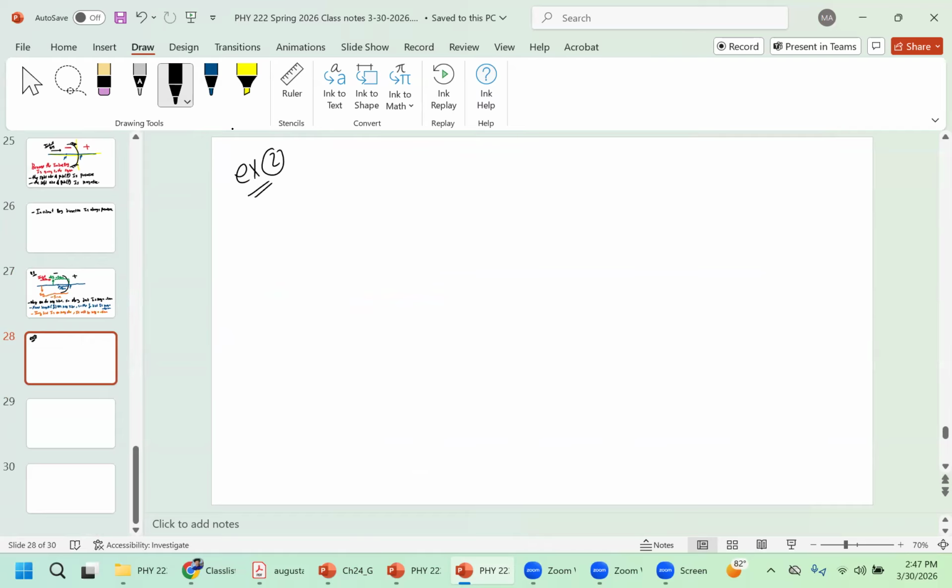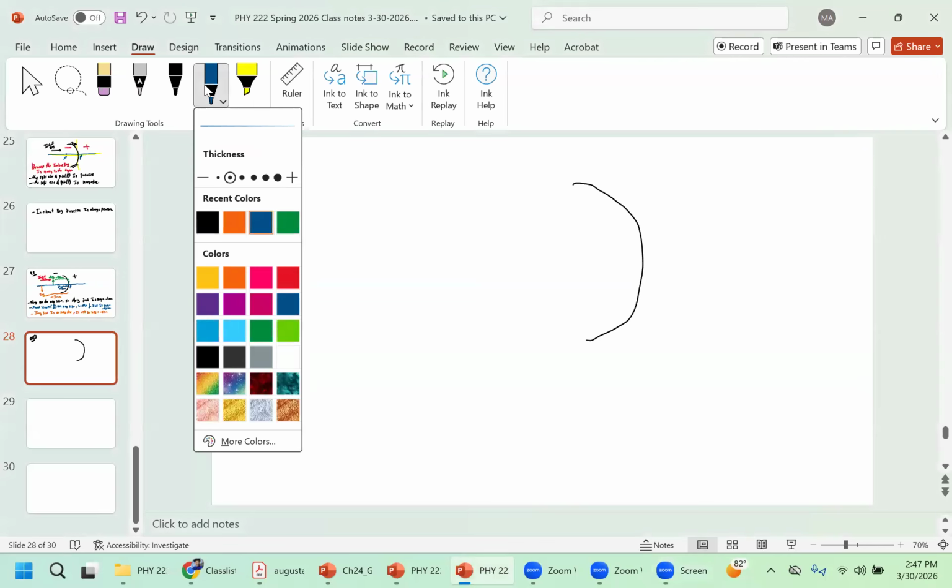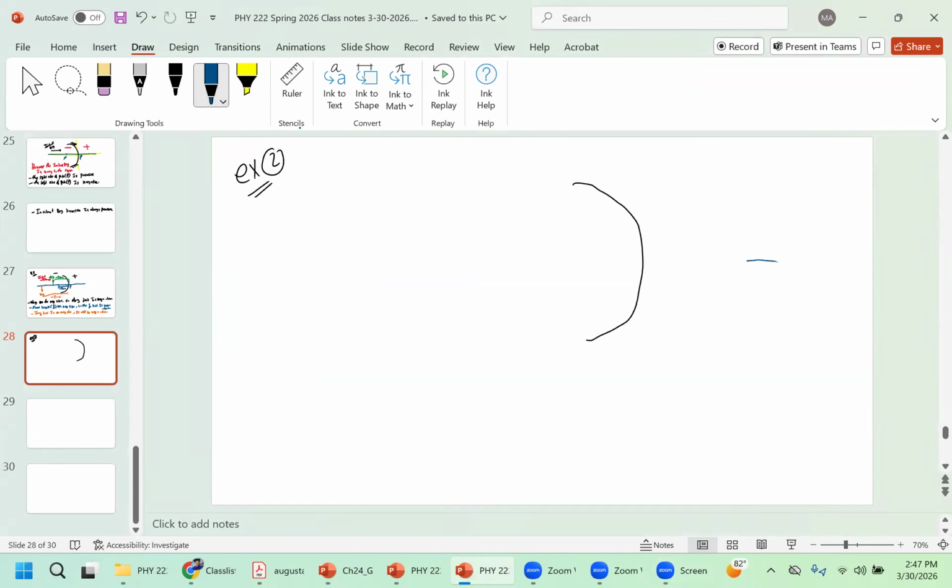So let's say here is my mirror. So let's say we got a mirror this time, and here's my principal axis. And let's say here's my object.